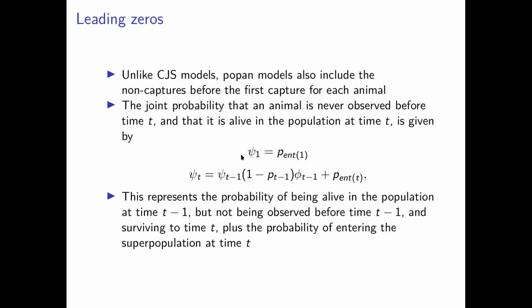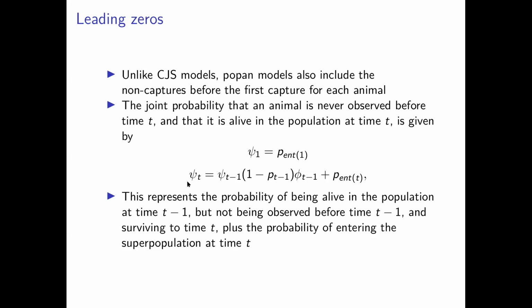So if you capture the animal in the first survey, it must have entered the superpopulation in the first survey. It couldn't have entered before then. Now, remember, entering the superpopulation just means being exposed to capture for the first time. So an animal could never be exposed to capture for the first time before the first survey. Right?